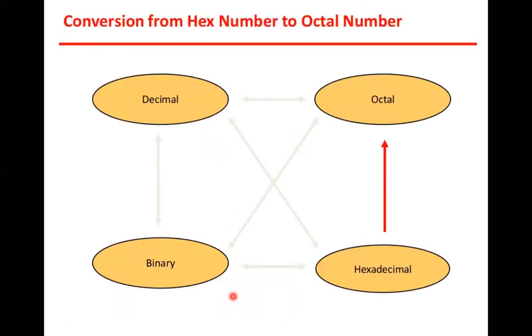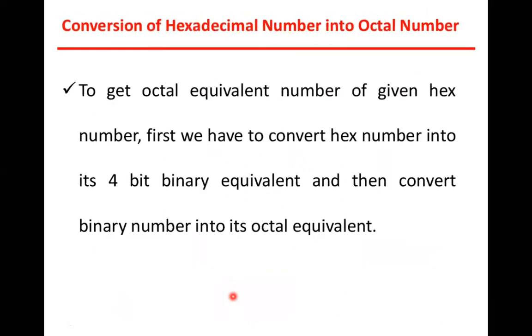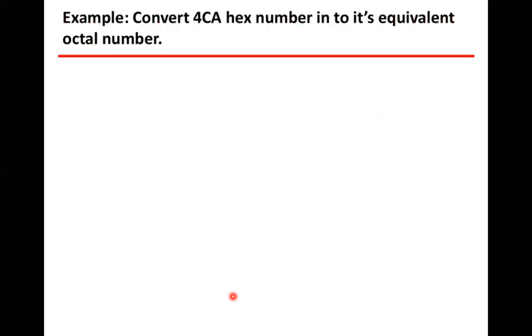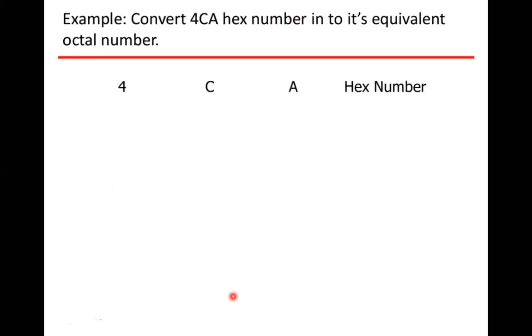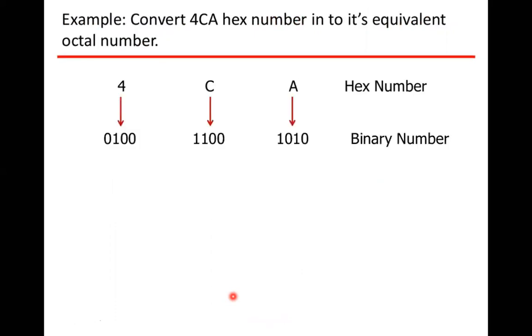Hexa to octal. To get the octal equivalent of a given hexa number, first we have to convert the hexa number into its 4-bit binary equivalent and then convert the binary equivalent into its octal equivalent. Let's have an example: 4CA. This hexa number we write in the binary number system.